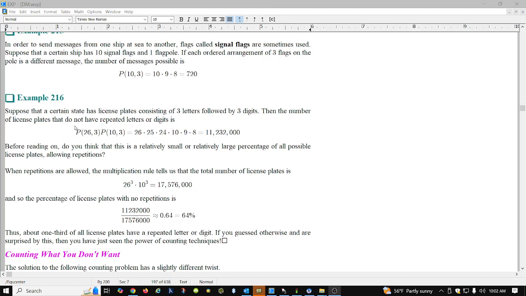For the letters, you have P26, 3 possibilities. For the digits, you have P10, 3 possibilities. So you have 26 lower factorial 3 times 10 lower factorial 3, which is 11,232,000.